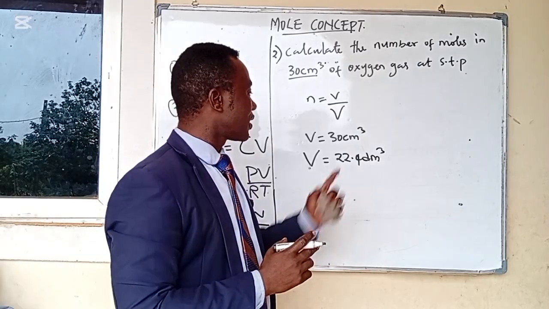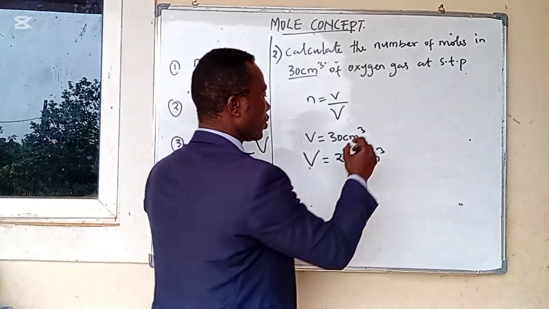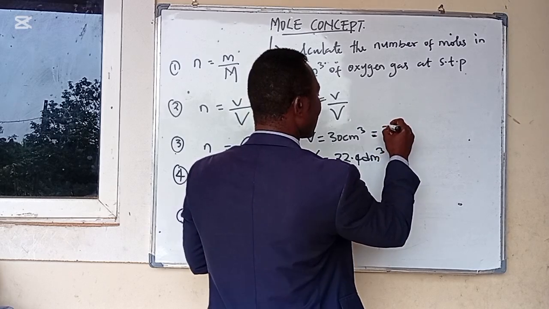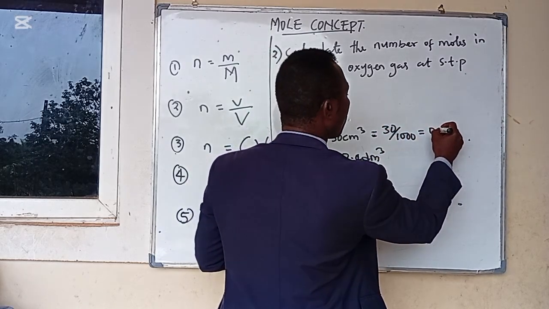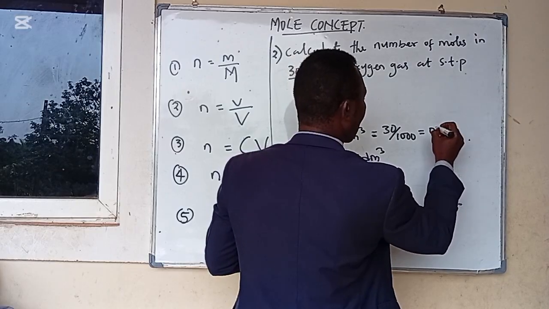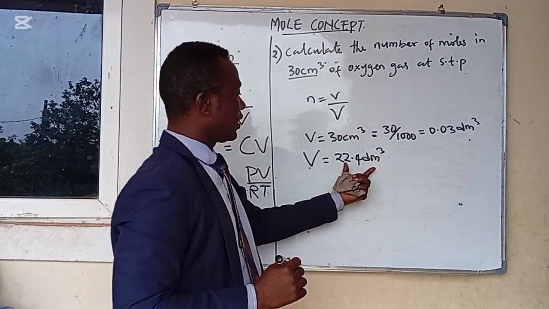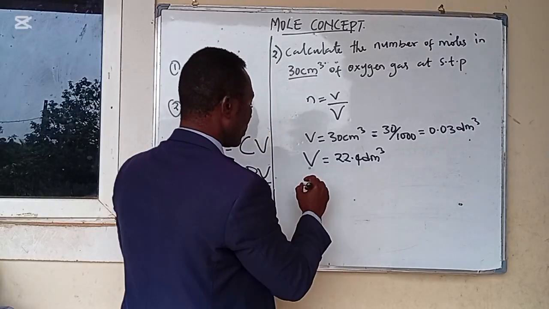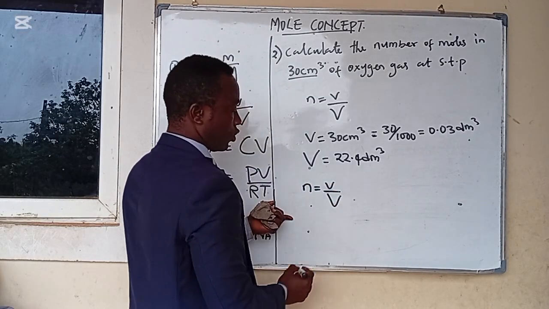How do we convert centimeter cube to dm cube? We divide by 1000. So it will be 30 over 1000. That will give us 0.03 dm cube. So this is in dm cube and this is in dm cube. Then the number of moles is given volume over molar volume.